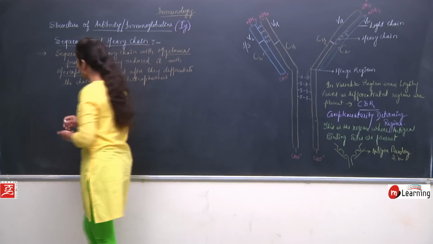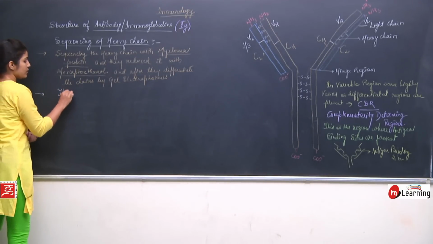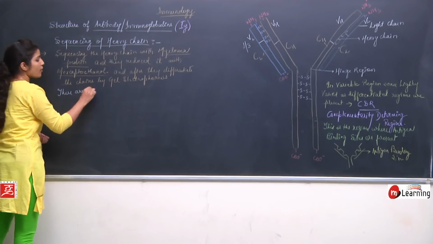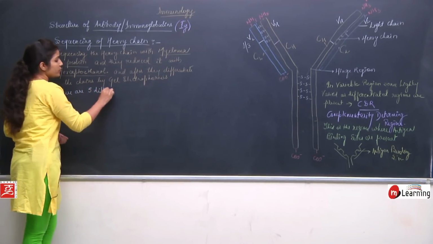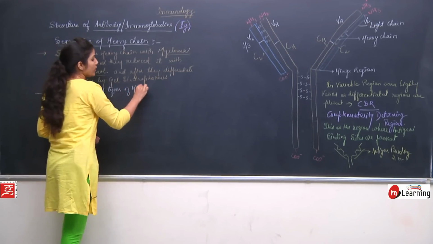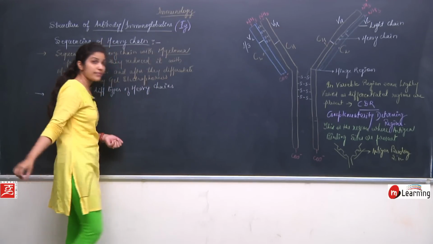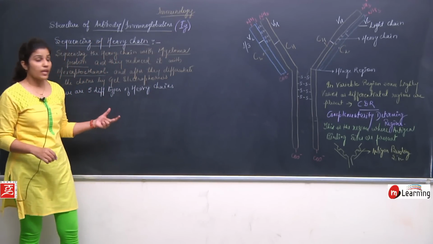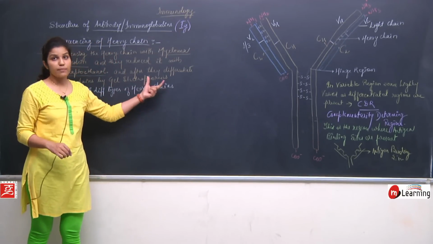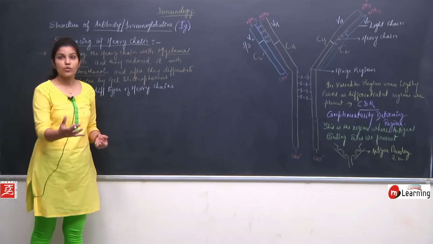So, after the sequencing, what did they get? There are 5 different types of heavy chains present in immunoglobulins.